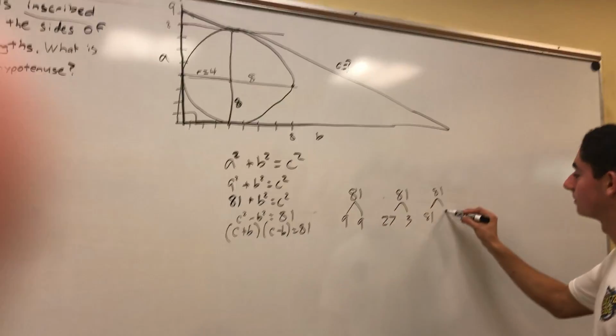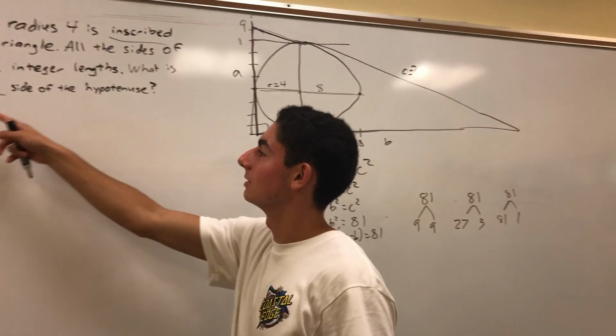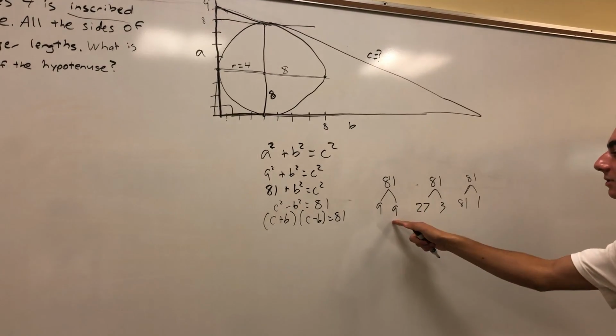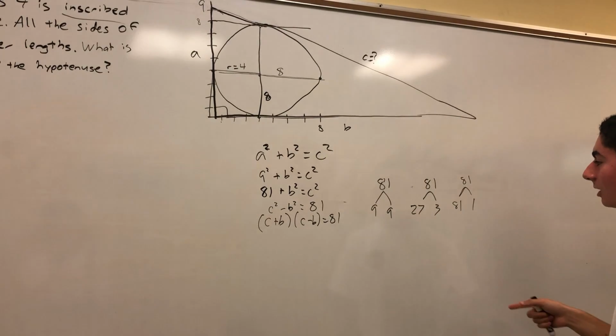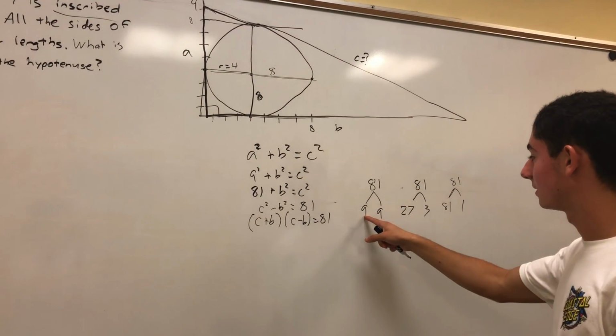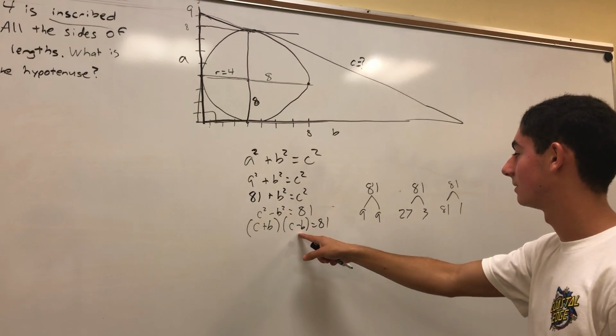81 and 1. Alright. But keep in mind that we're trying to find the longest possible side, so look for the greatest number. Right now we know this is the greatest number, but we have to see which one works first. So how can we get that to be 9 and that to be 9?